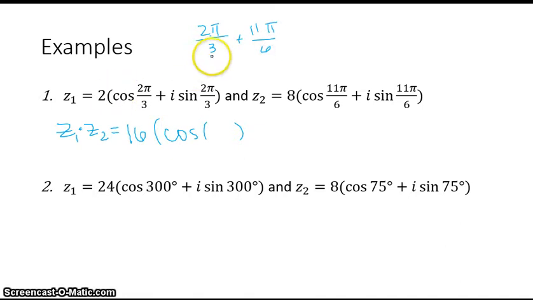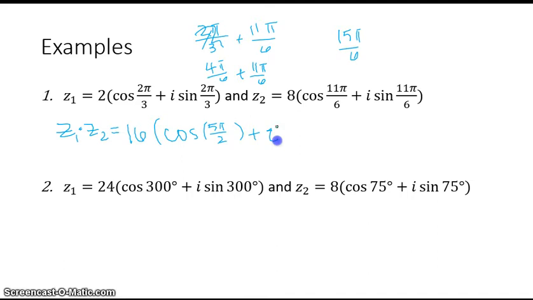Find a common denominator, which would be 6. So this is really 4 pi over 6 plus 11 pi over 6, which would be 15 pi over 6, which does reduce to 5 pi over 2.